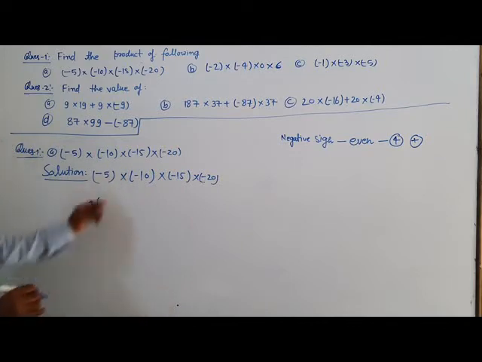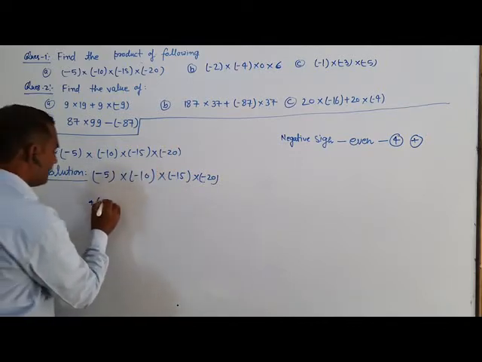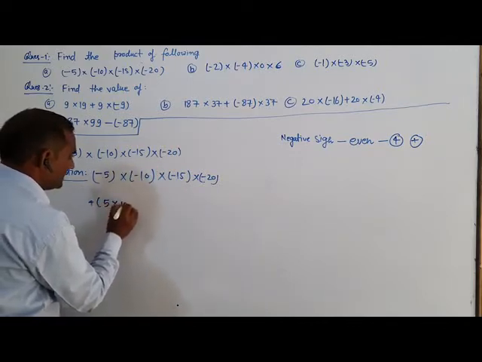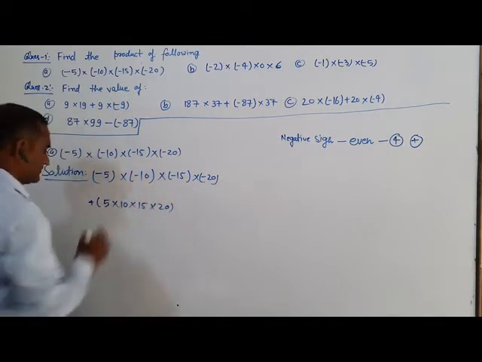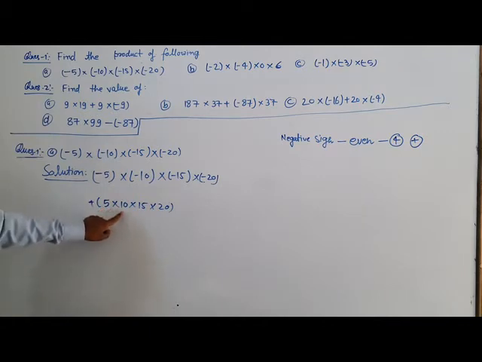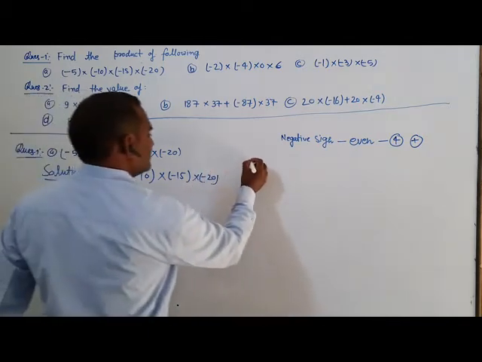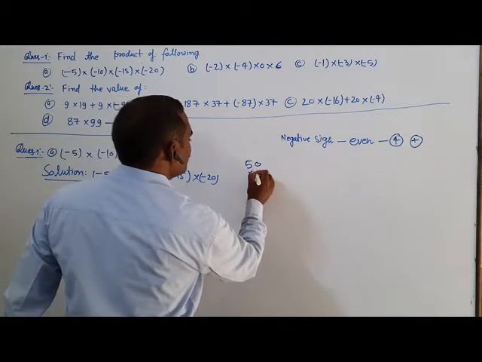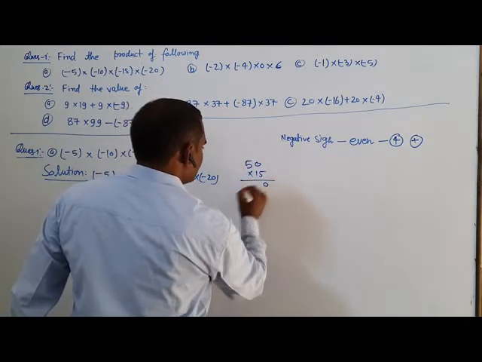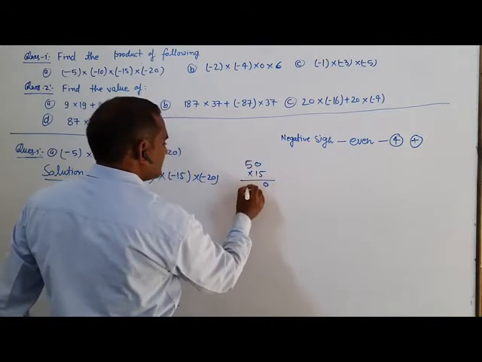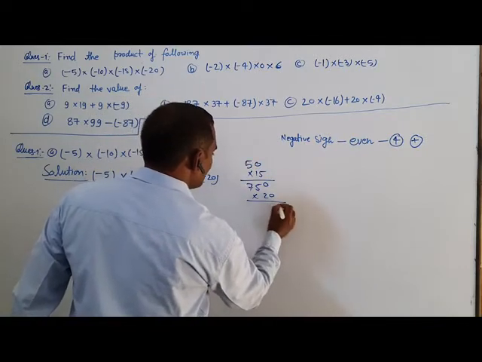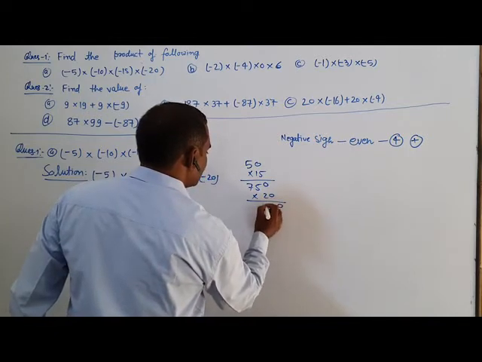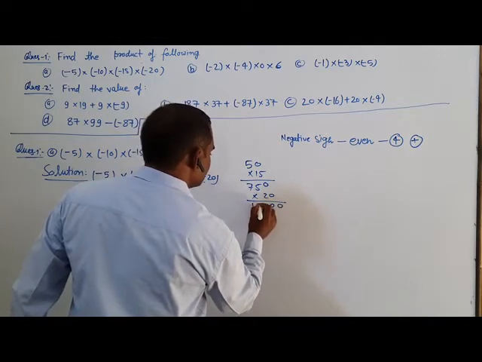Now we multiply the integers 5 into 10 into 15 into 20. 5 10 जा 50. 50 into 15, 15 0 0 15 5 जा 75 into 20 0 2 0 0 2 5 जा 10 2 7 जा 14 50.